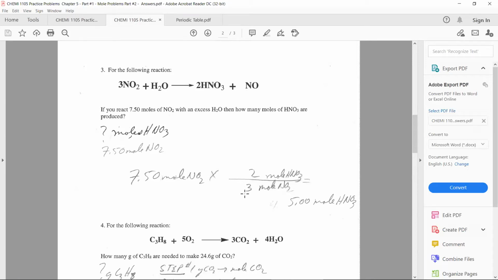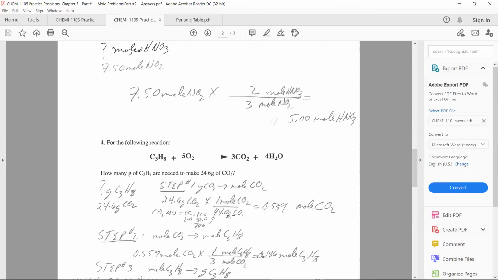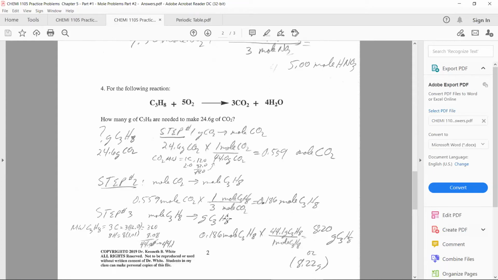Moles of NO2 divided by moles of NO2 cancel out. I'm left with, yay, the answer I want, unit-wise, moles of HNO3. Notice 7.50 is 3 significant figures. 2 and 3 are exact numbers, and my answer is 3 significant figures. And that's how you do that. Now, let's look at number 4.